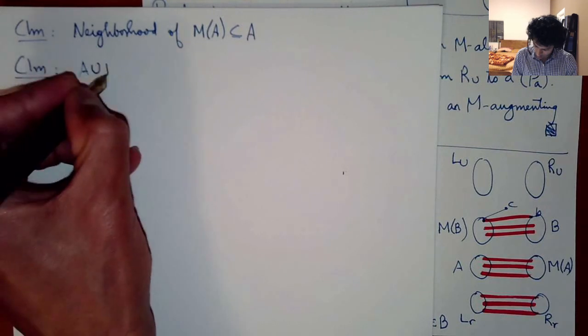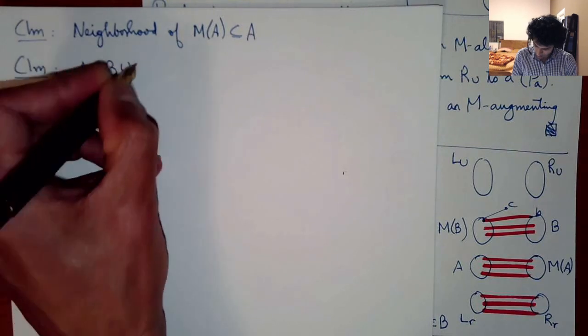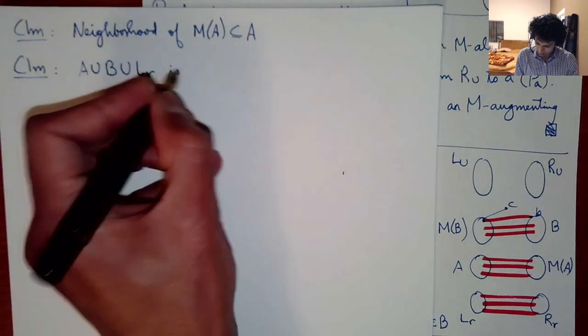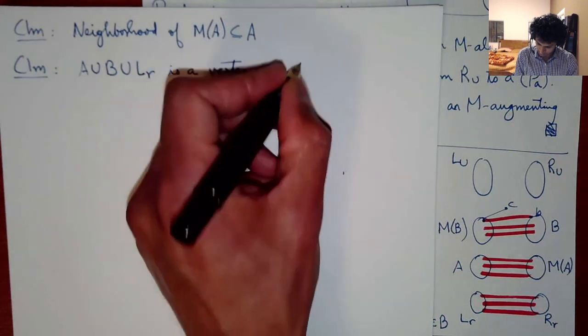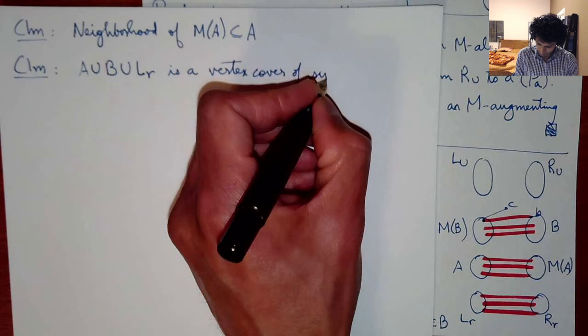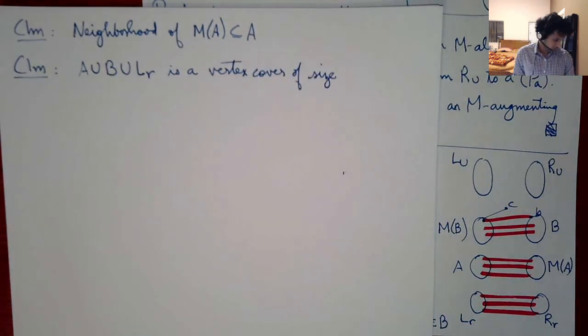A union B union L remaining is a vertex cover of size M.